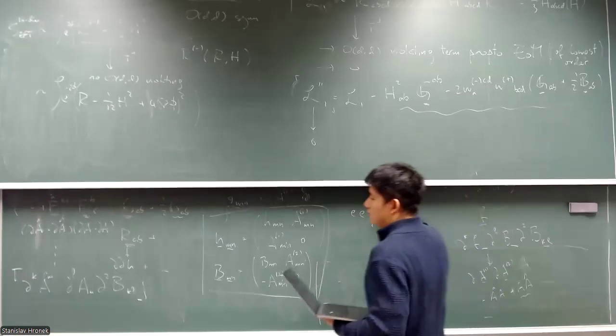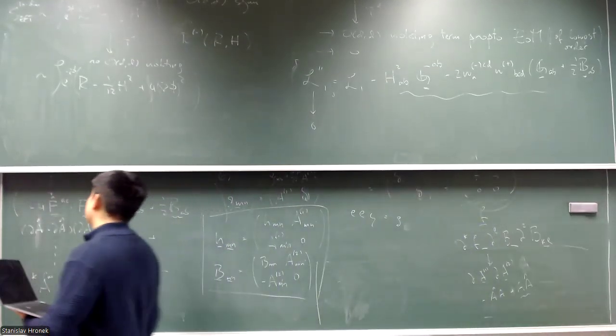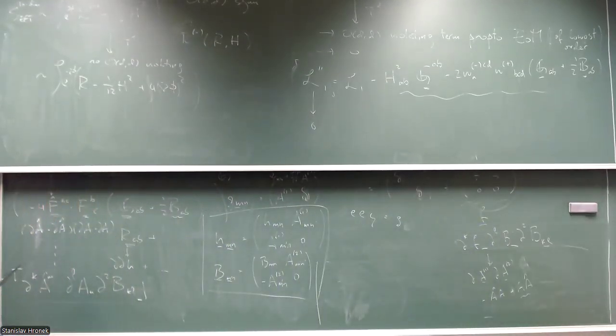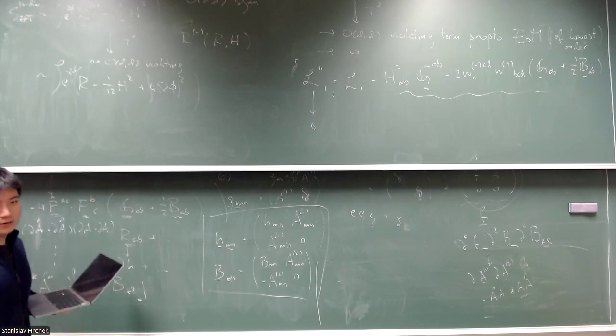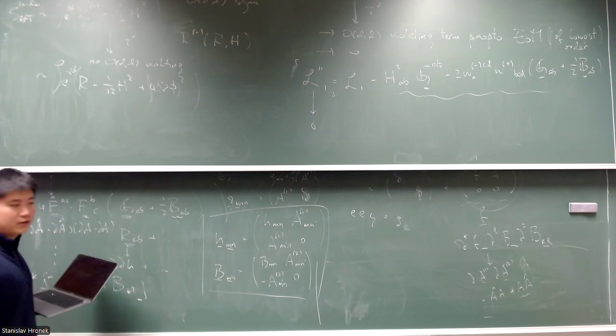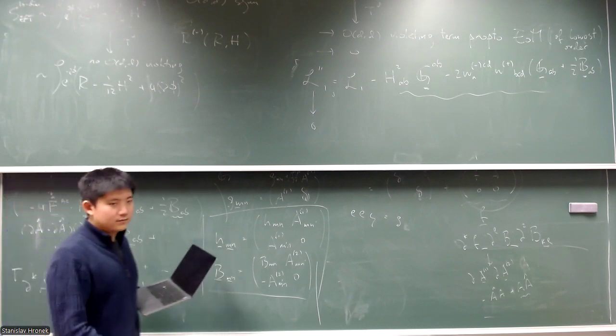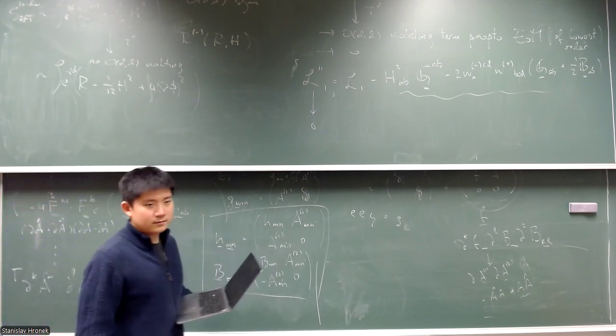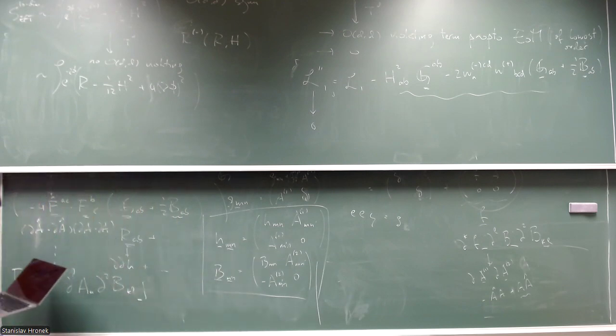And in this example, we also find out that it is possible to add more fields. Originally we thought we only needed the metric and B field, but it's actually possible to put in the spin connection. So that's the highlight of this part.